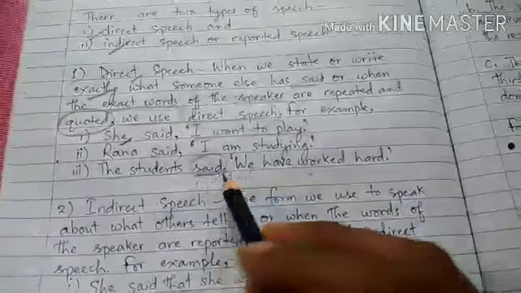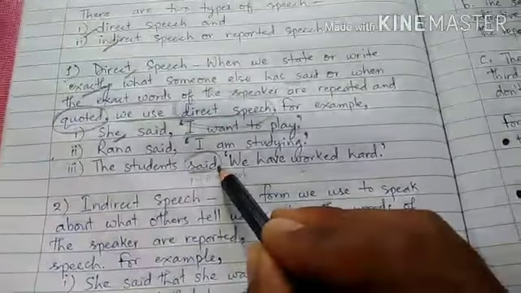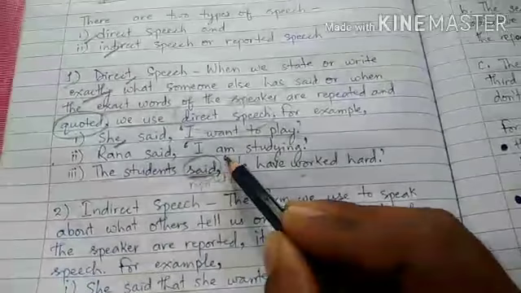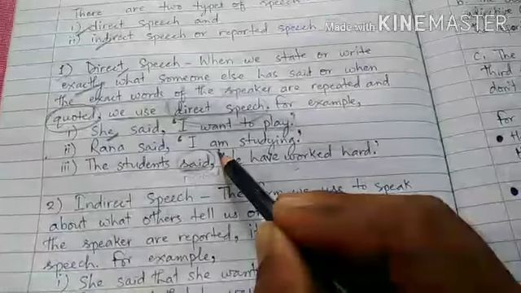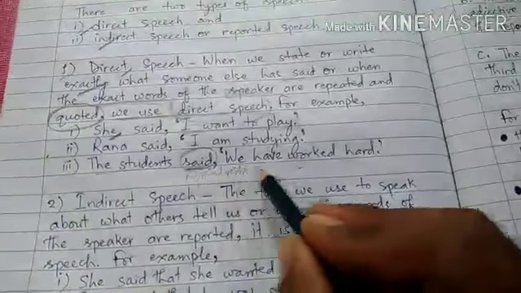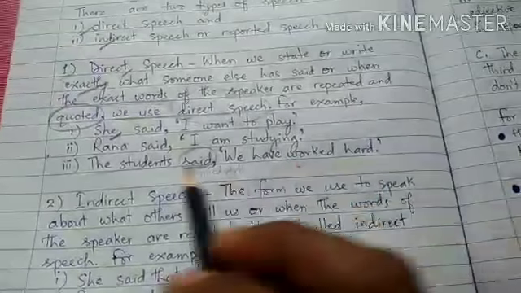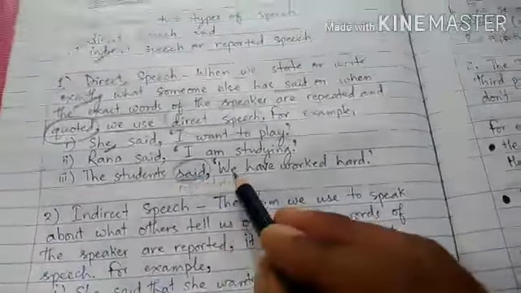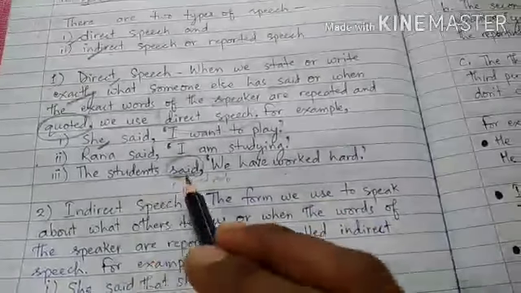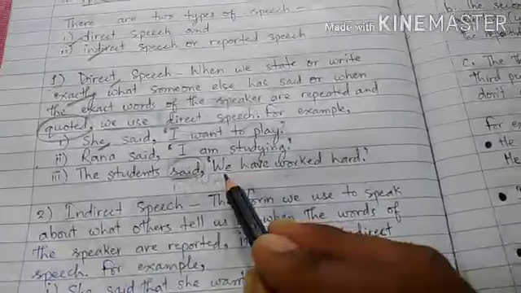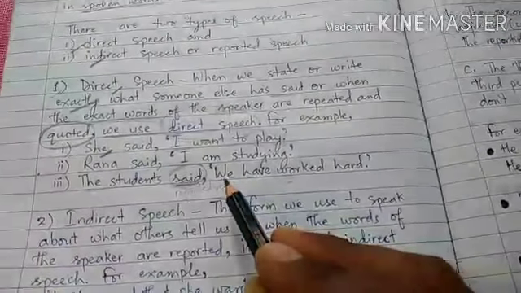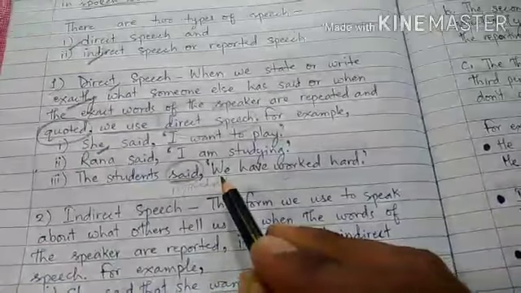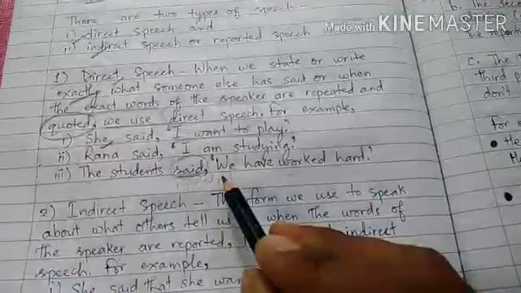Okay, so after the reported verb we will put a comma and we start open inverted comma and we start writing the dialogue spoken by the speaker, the speech spoken by the speaker, and the speech spoken by the speaker in direct speech is written starting with a capital letter.